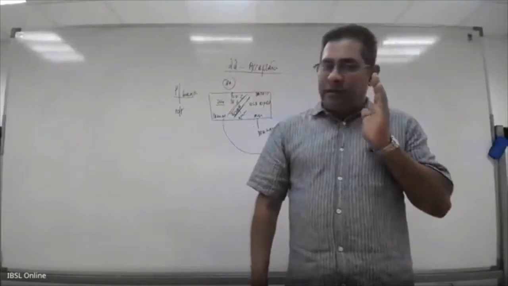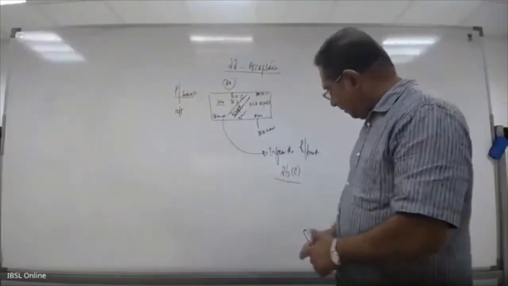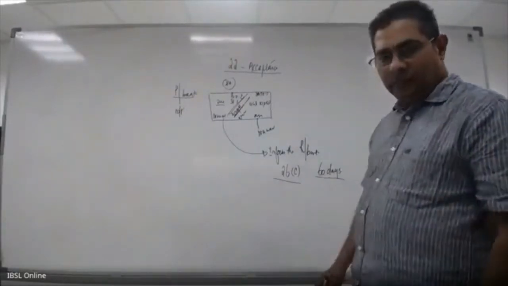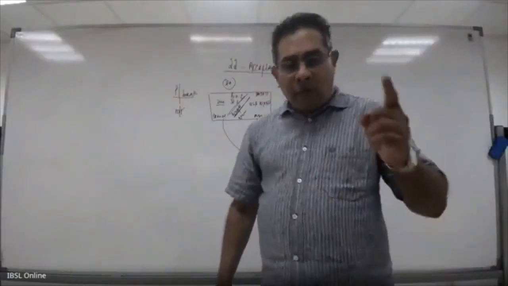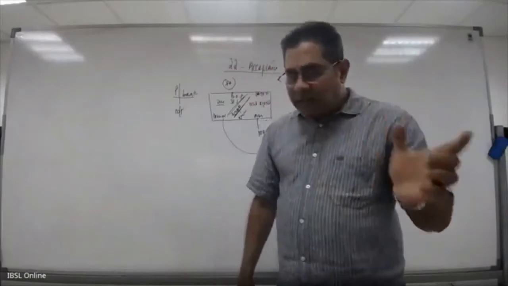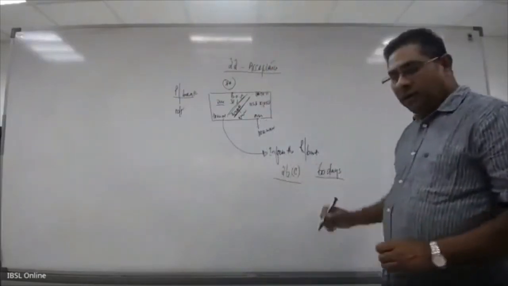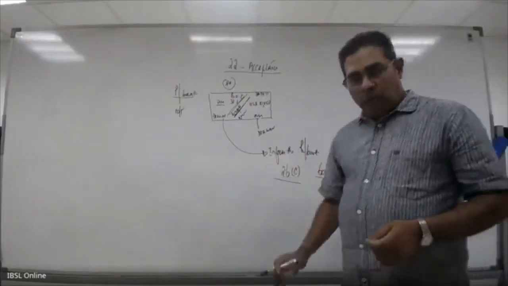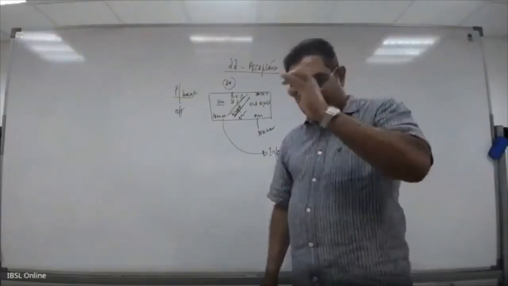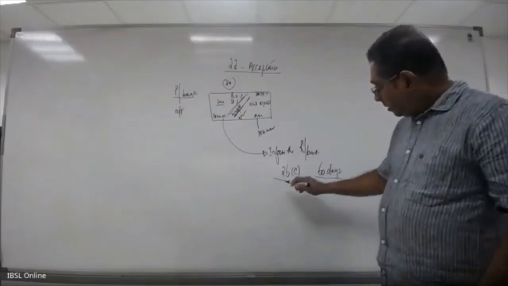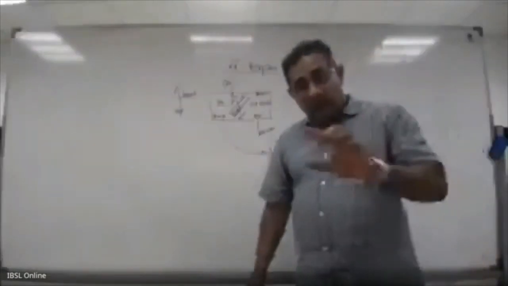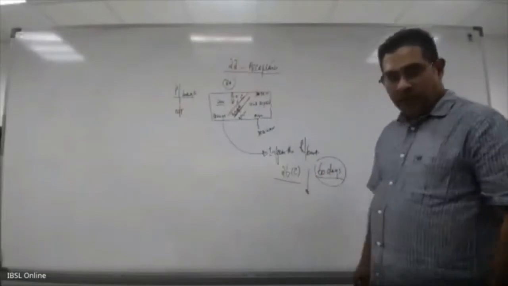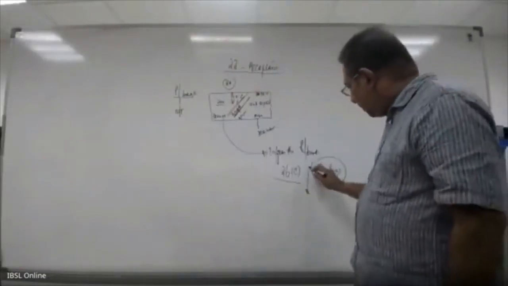If they won't give first instructions on what to do, then 60 days following the day of the advice of non-acceptance, because the bank has sent the non-acceptance or non-payment advice, on the following day you count 60 days, and the bank may retain the documents or may return the documents to the remitting bank after 60 days. There's a little bit of catch here, I will tell you later.